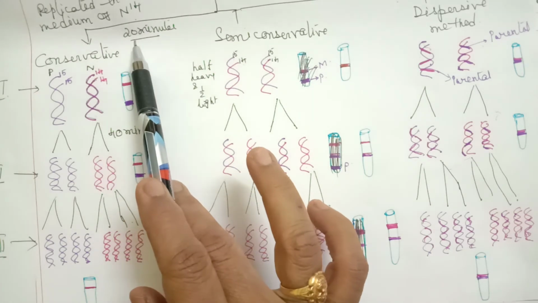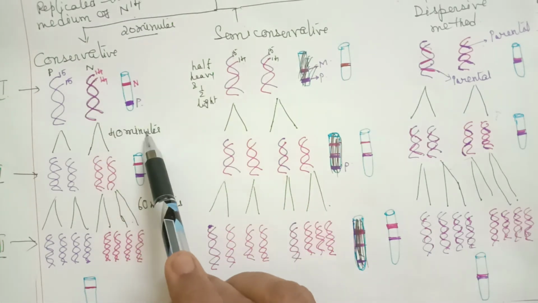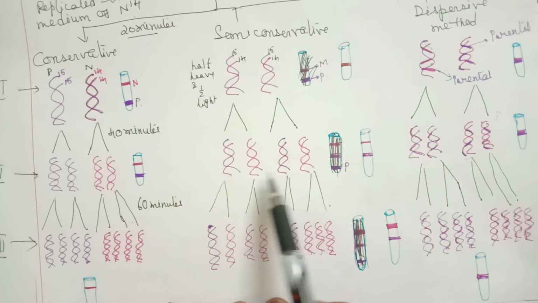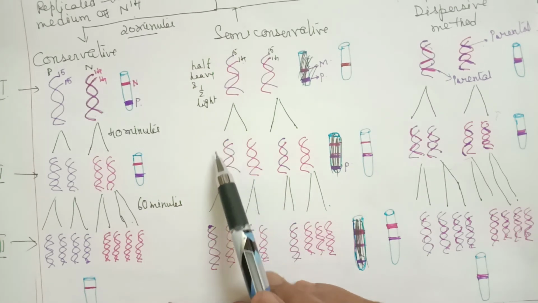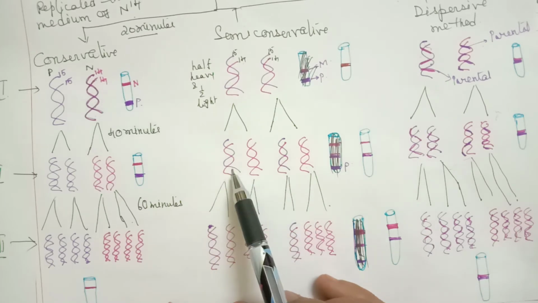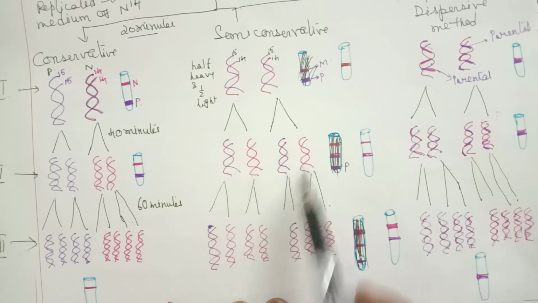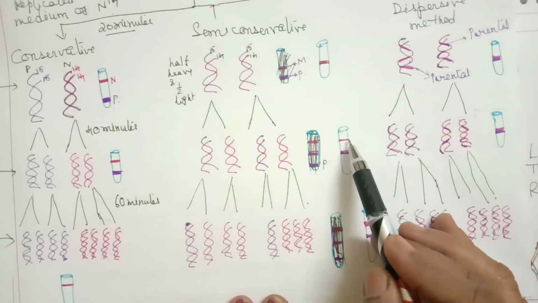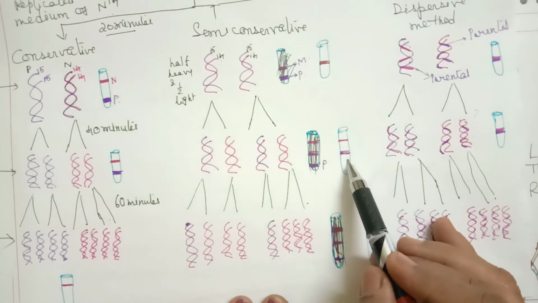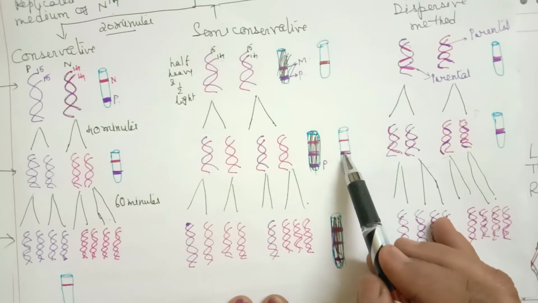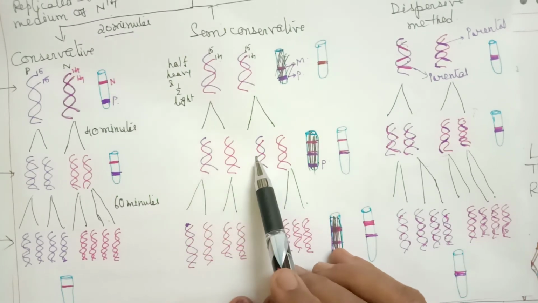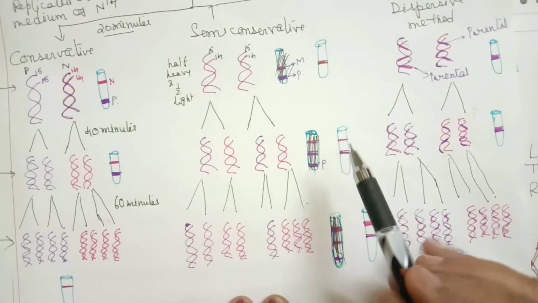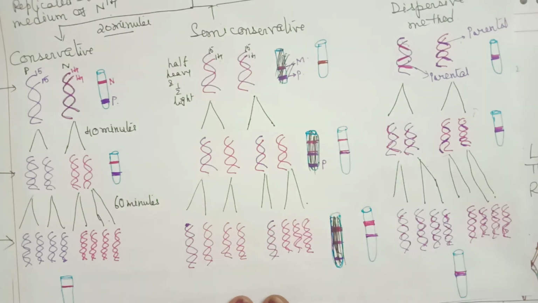So 2 are hybrids out of 4 and 2 are normal or light. After centrifugation, 2 bands were obtained. One is in the middle because hybrids are present, and the other 2 are completely light, so another band was present at the top.